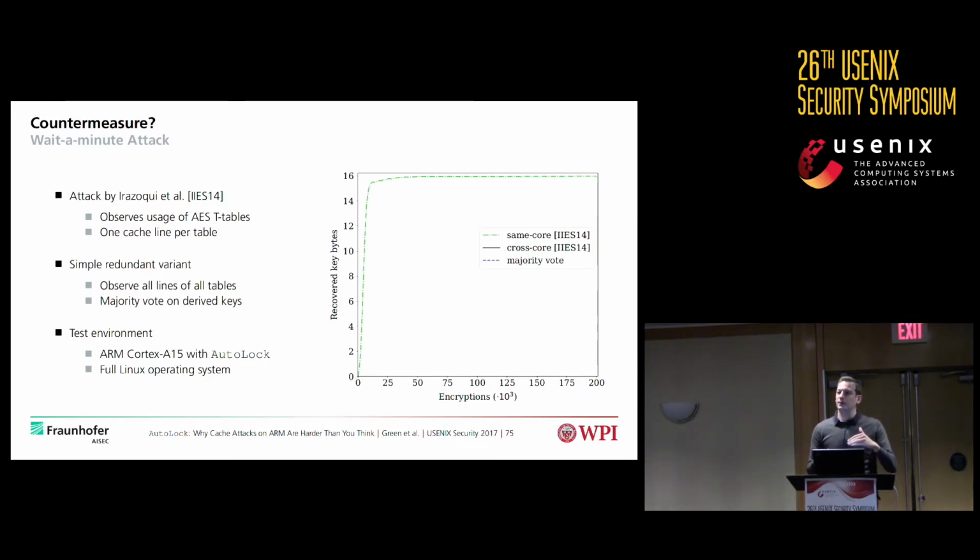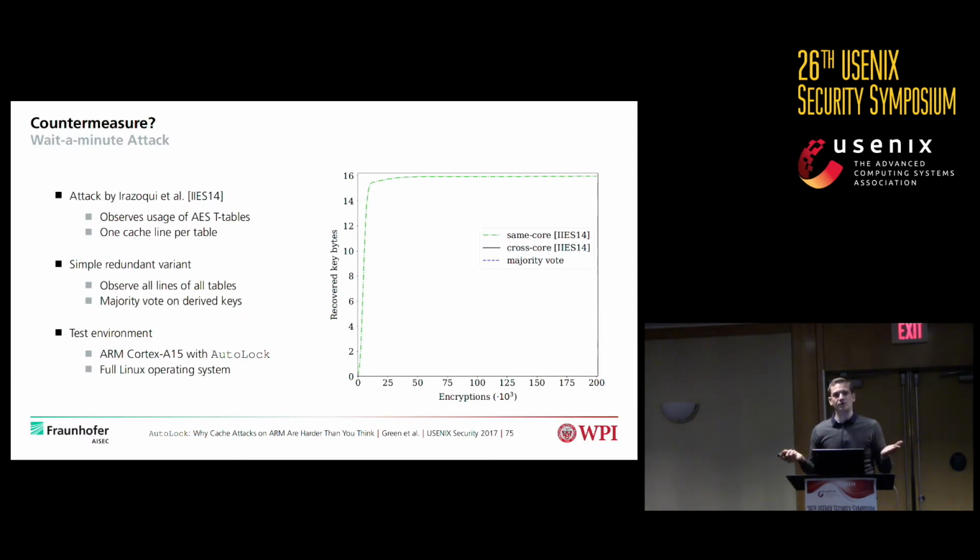What you can see here on the y-axis is the number of key bytes that we recovered, and on the x-axis, the number of encryptions that we used to do so. The first line drawn here is the original attack in the same-core scenario. There we don't have any effect of AutoLock, and we see that with very few encryptions, we recover the entire key.